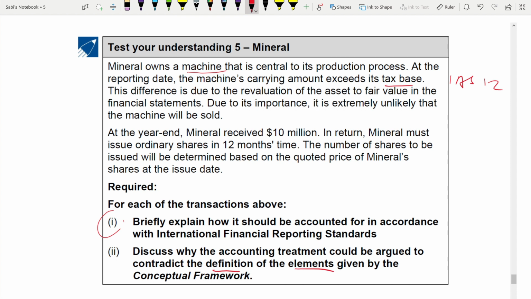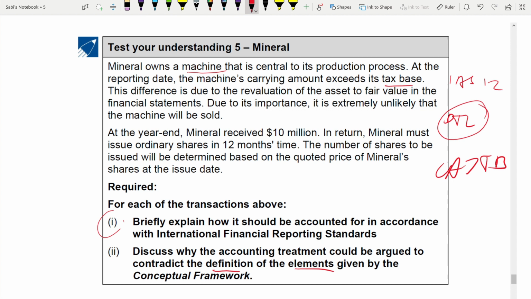Carrying amount exceeds tax base means what? It's a deferred tax liability, not an asset, because carrying amount is greater than tax base. Why is there this difference? It is due to the revaluation of the asset to fair value in the financial statements.